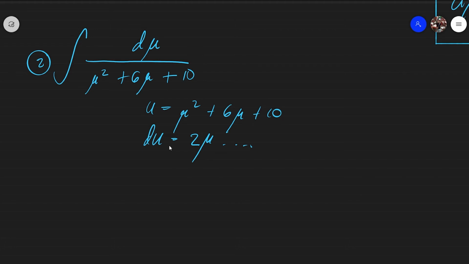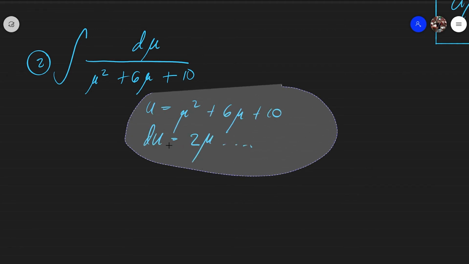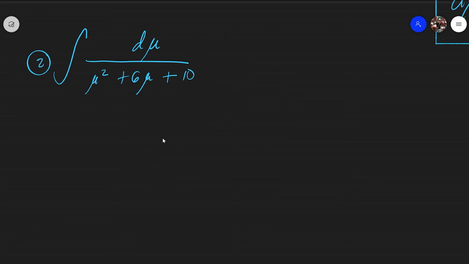So we will resort to the inverse trigonometric function. So which inverse trigonometric function? There are only two formulas that I have introduced to you so far. That is the arcsine and the arctangent. So between the two, obviously, the only one you can use is the arctangent.